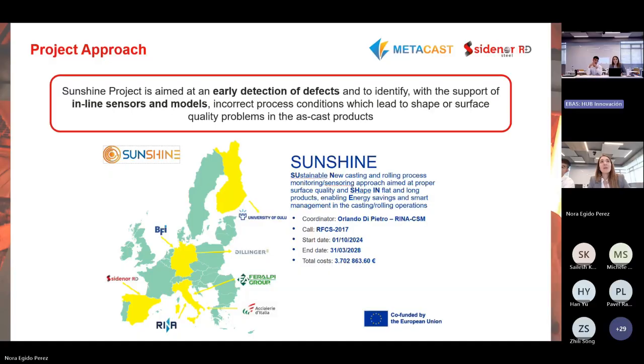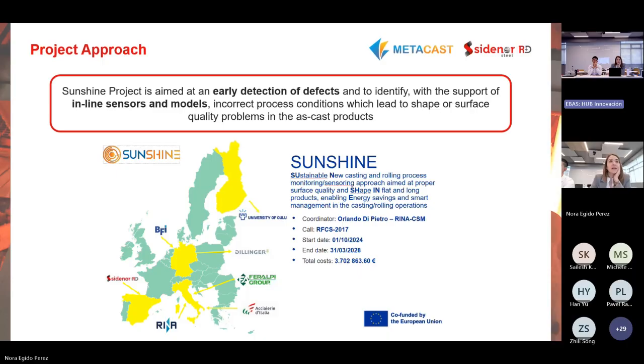So this is the main approach of the Sunshine project.